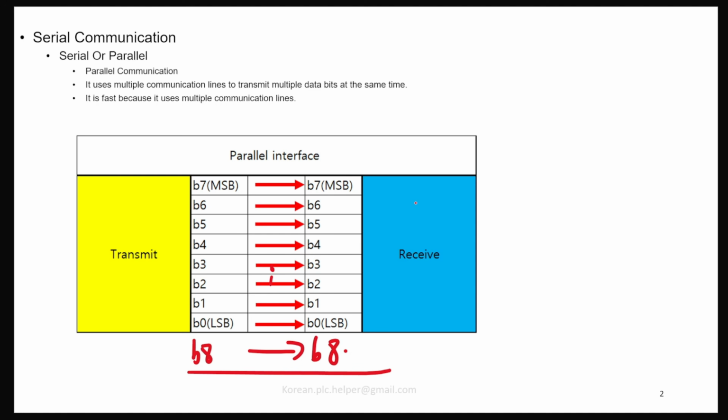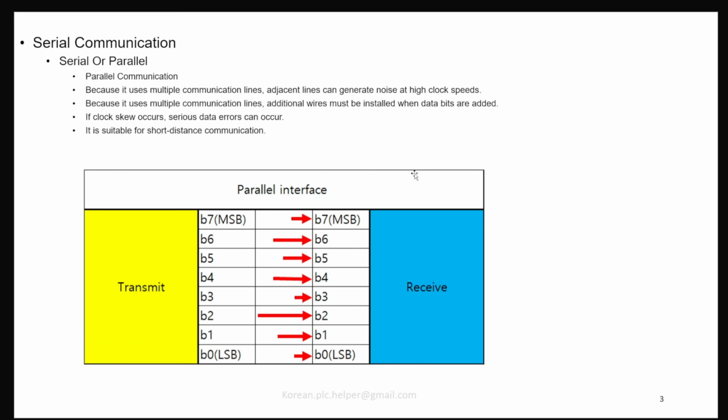Another possible problem is called clock skew. The probability of clock skew increases as the communication lines become longer. Please look at the arrows in these diagrams. If the communication lines have different lengths or electrical characteristics, the data bits may arrive at different times.